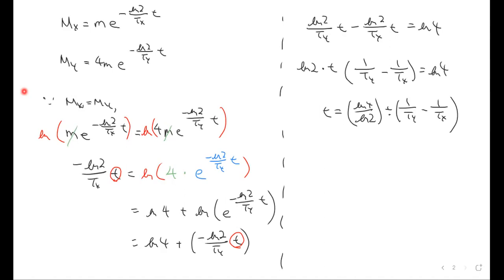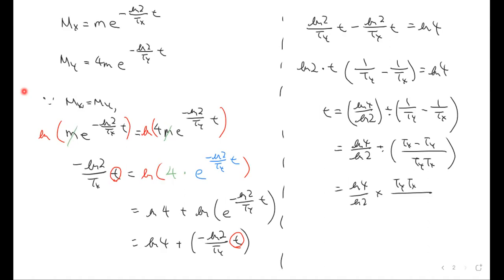So that means I've got log 4 over log 2 divided by (Tx minus Ty) over TxTy, which means I've got log 4 over log 2 multiplied by TxTy over Tx minus Ty.